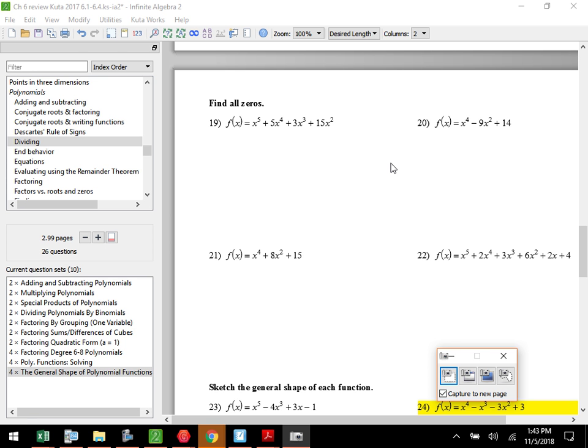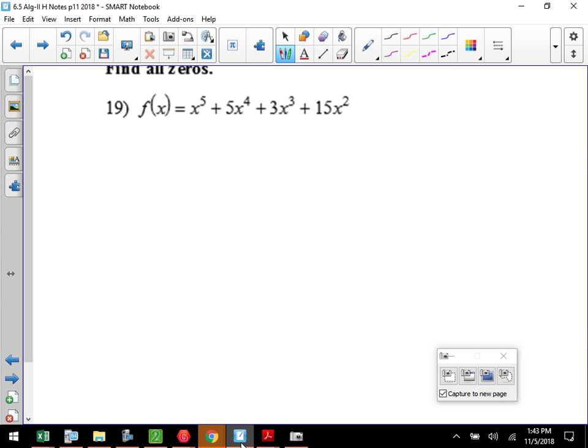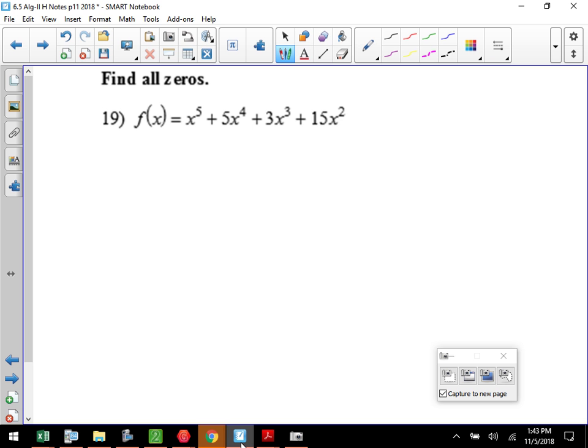What does that change? Yeah, nothing really. So when we get to one like this, if it says find all the zeros and state any multiplicity, if so.